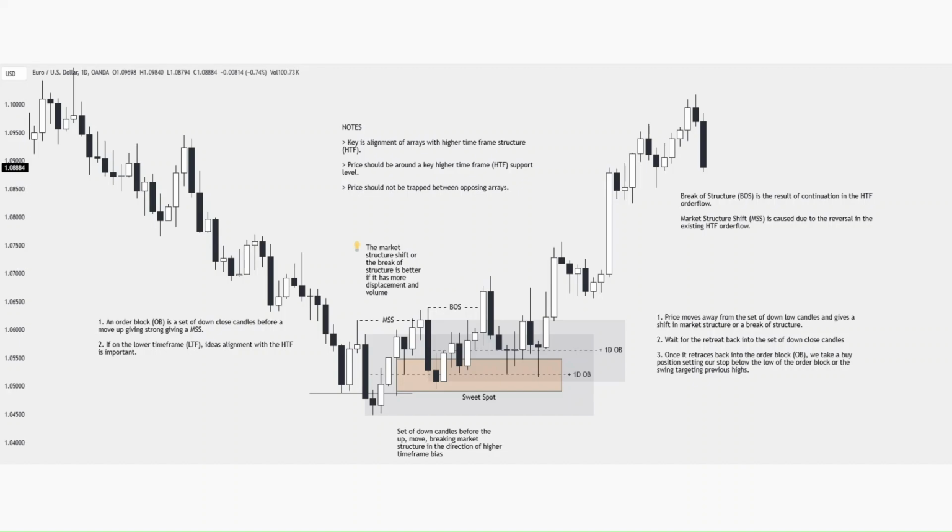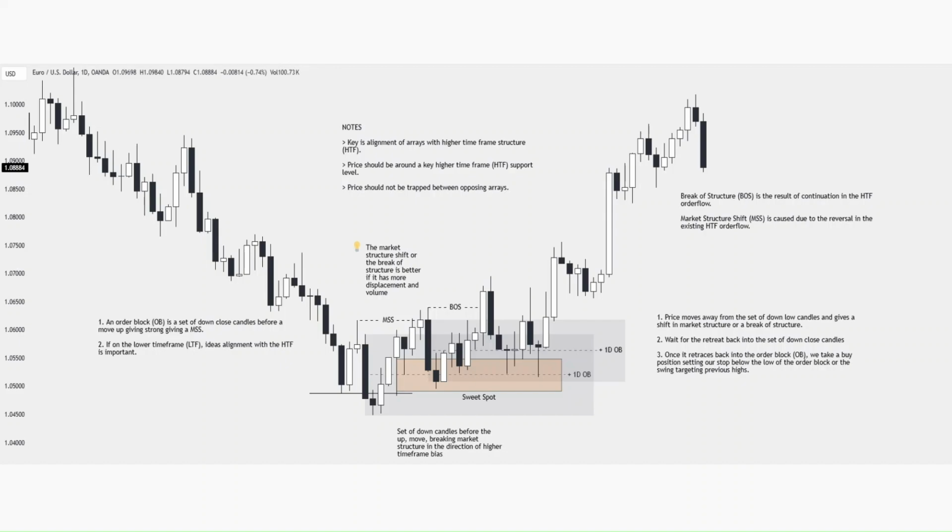This orange region is the 50% area of the order block that we have marked. I call it the sweet spot, or some people call it congruent encroachment as well, which is basically where the price should retrace inside your order blocks.